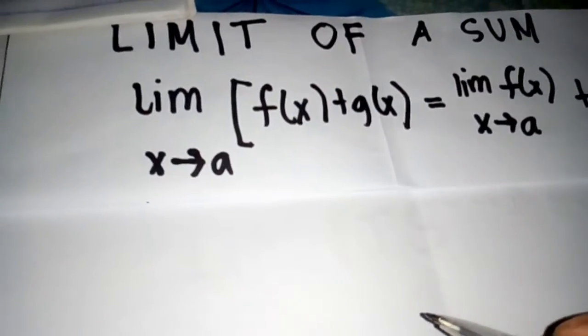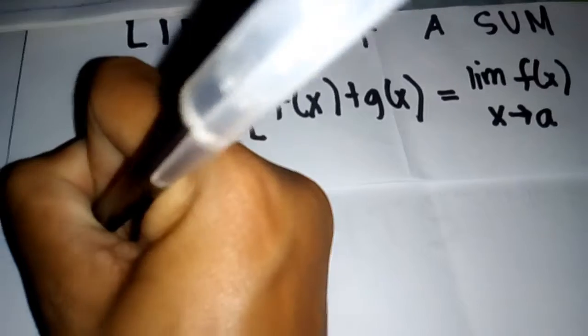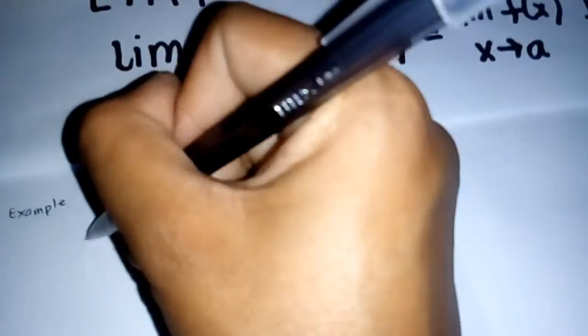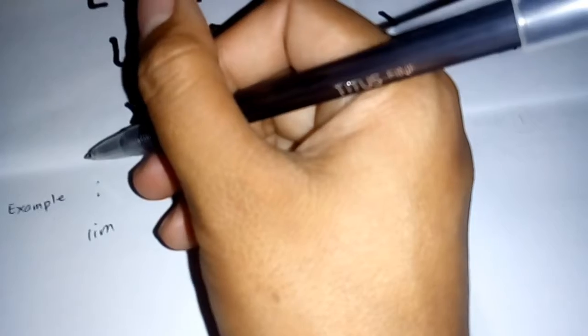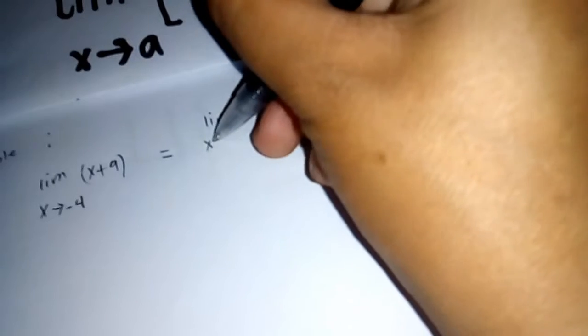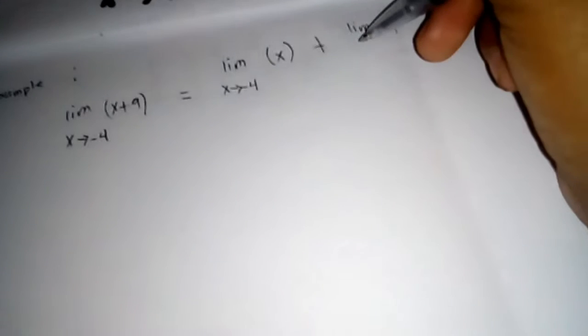An example of this: the limit of x plus 9 as x approaches negative 4 is equal to the limit of x as x approaches negative 4 plus the limit of 9 as x approaches negative 4.